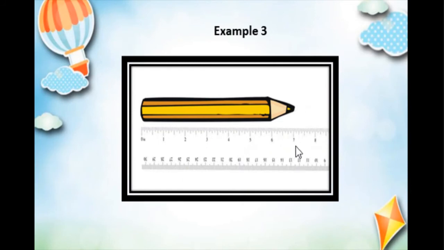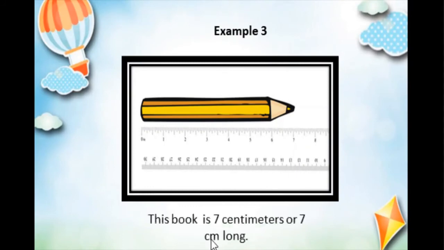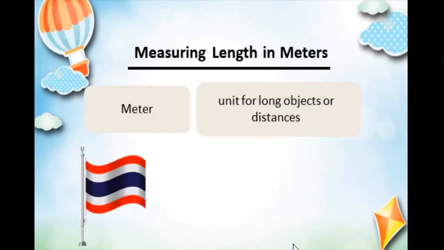So what is the measurement of the pencil using centimeters? Alright, it must be that this pencil is 7 centimeters or 7 cm long. Okay? Now, let's move on to measuring length in meters.